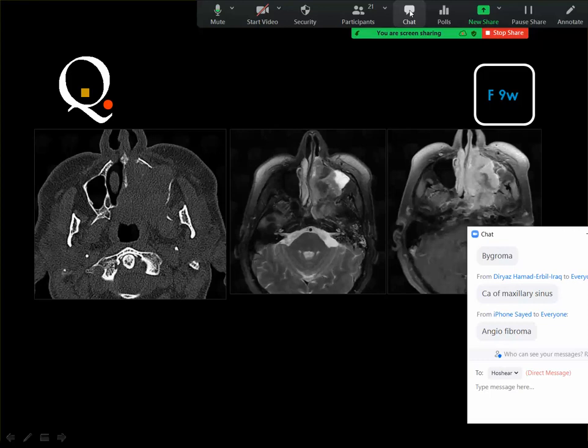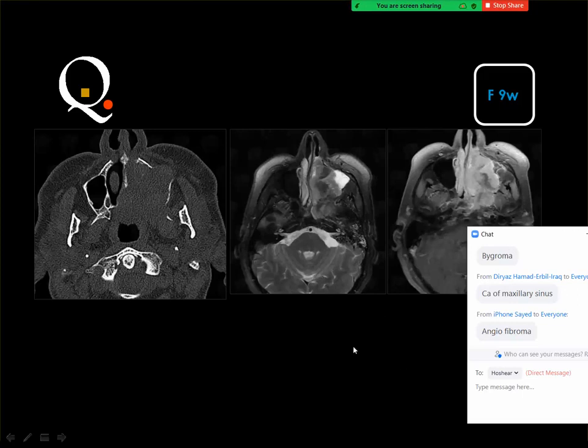Angiofibroma. So, angiofibroma should be located mainly in the nasopharynx, but this mass is not in the nasopharynx. It is actually in the maxillary sinus, centered over the sinus itself, with some retained secretions, and there is significant post-contrast enhancement. Then you think of carcinoma, yes.